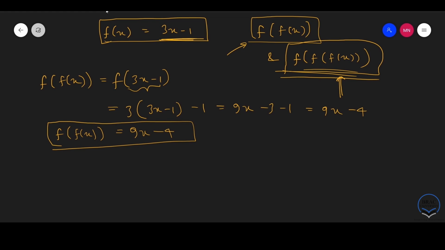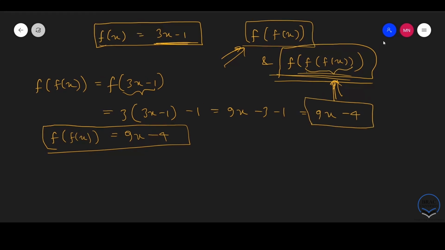Right, so now we found this. But the next part is actually pretty easy. We've already found f(f(x)), which is 9x minus 4. All that we have to do is just substitute this expression, 9x minus 4, into our f(x) in this whole composition. So f(f(f(x))) is equal to f(9x minus 4).